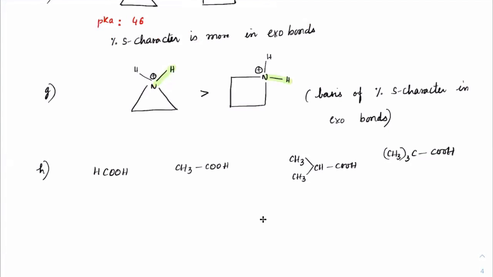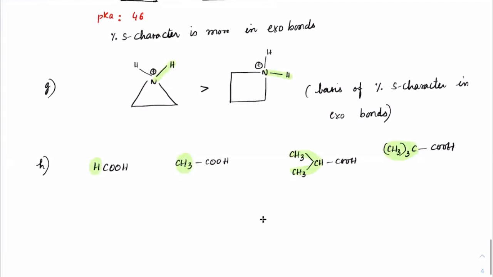Now if we consider the acidic strength in all of them, we have to check how the inductive effect is. You can see we are comparing hydrogen with one methyl, isopropyl, to that of tert-butyl. So you can see tert-butyl will have the most amount of inductive effect.